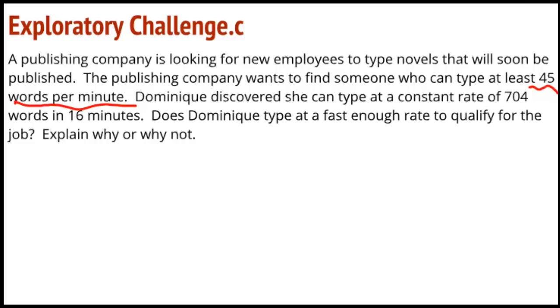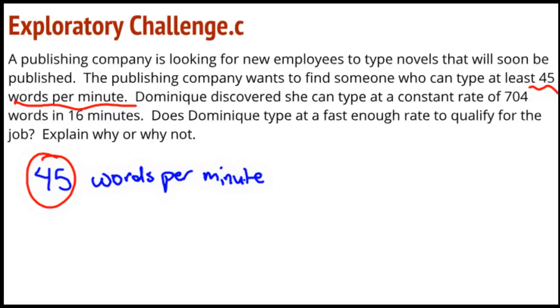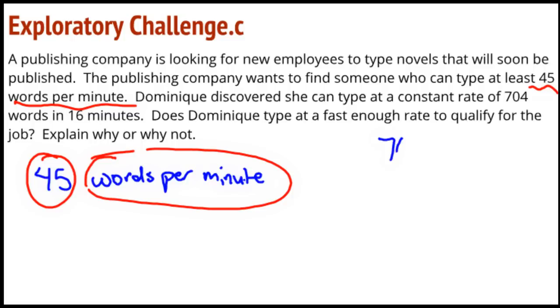Now I want to point out here that 45 words per minute is a rate. It has a unit rate of 45. It has a rate unit of words per minute. And so what I need to do is take Dominique's ratio, this 704 to 16, and I need to turn it into something that I can compare with the standard set by the publishing company.